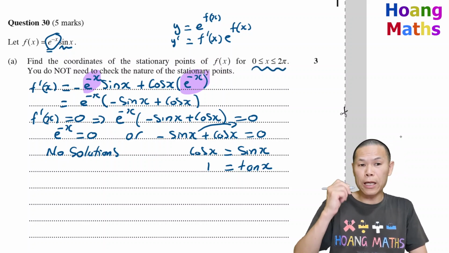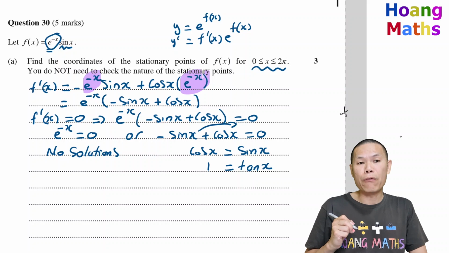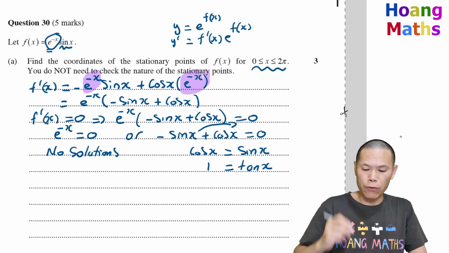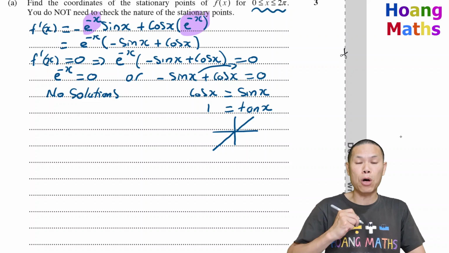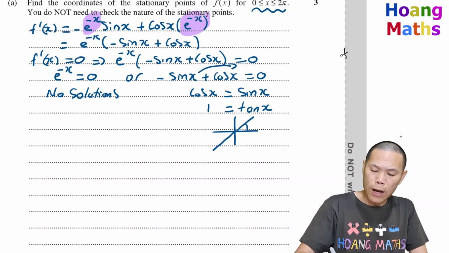So inverse tan 1 is pi over 4. The reference angle is pi over 4, but it's in this quadrant here. It's the first quadrant and third quadrant because tan is positive. So that's the reference angle.